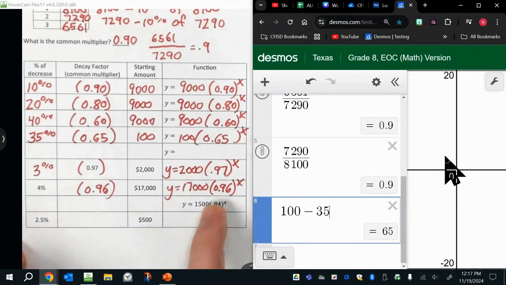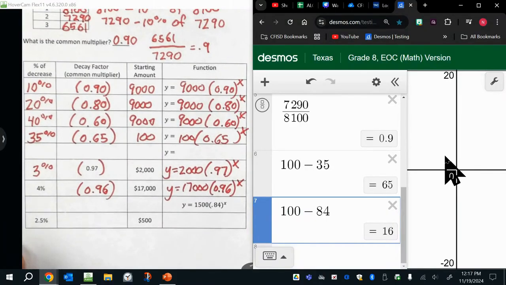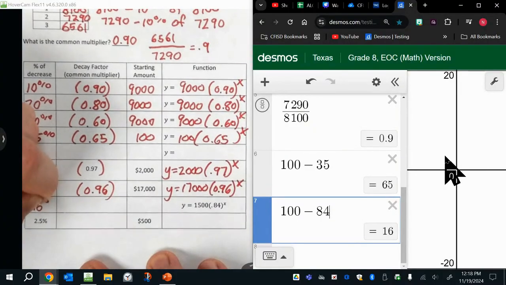If this is 0.84, think of it this way. What is 100 minus 84? 16. So this would read 16%.